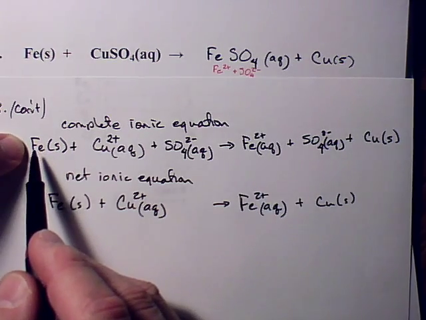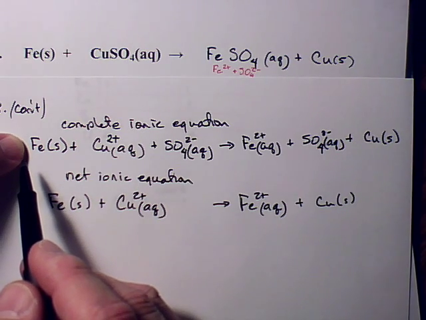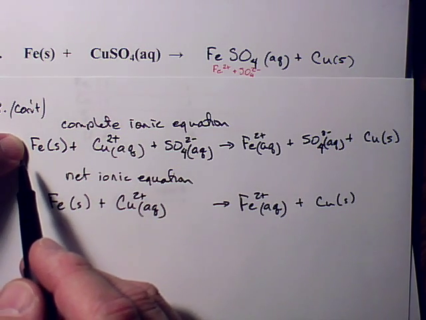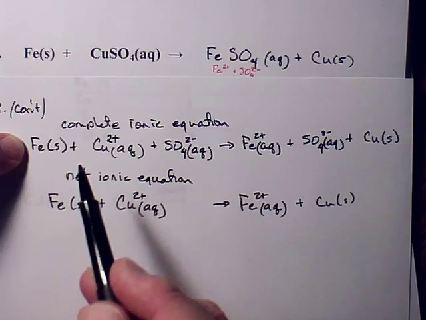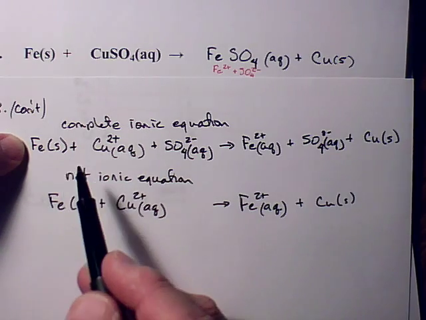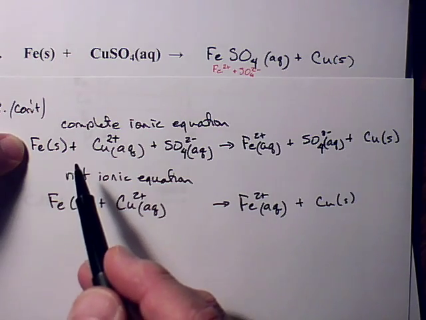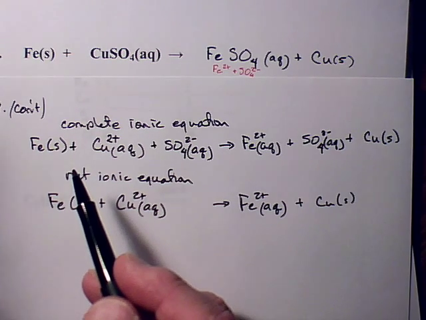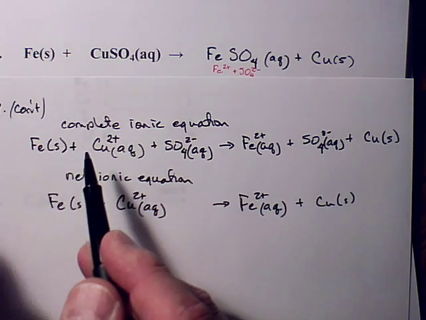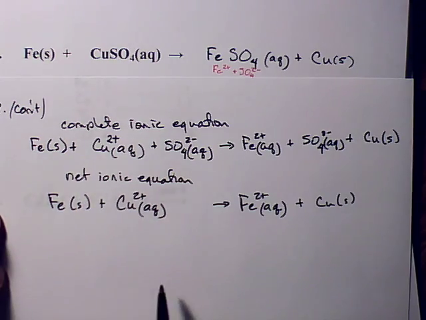If it's just a metal, there's no ionic charge on it. That's its normal elemental form. Anything in its normal elemental form has no charge. So oxygen, for example, O2, in the atmosphere, has no charge because it's its normal elemental form. H2, hydrogen, has no charge because it's in its normal elemental form. Does that make sense? Okay?